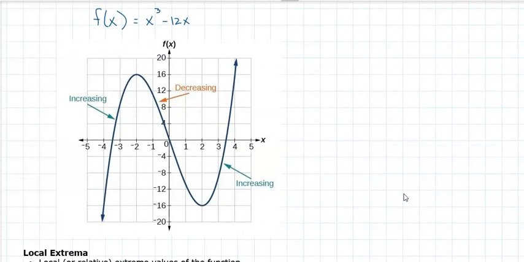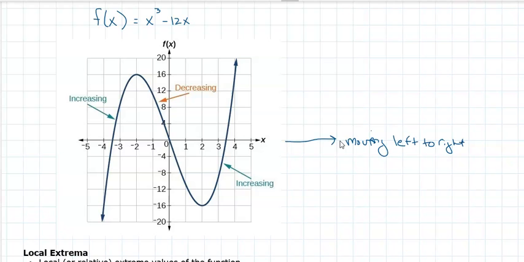So let's think about what this means, increasing and decreasing. As we move across the x-axis from left to right, that is the important part that you need to understand, is you're moving left to right as we discuss these things.